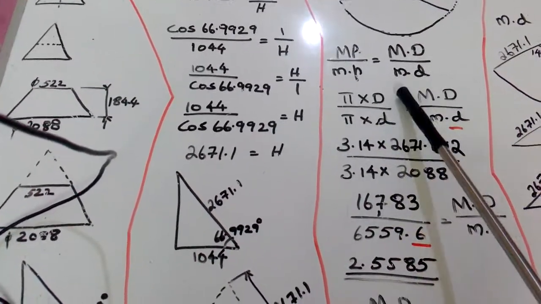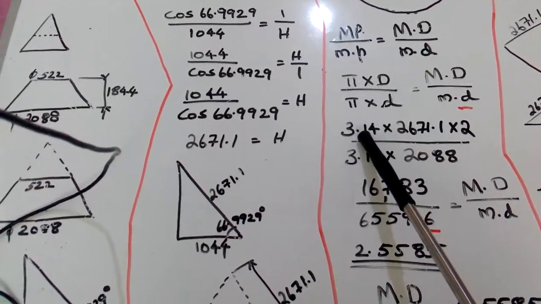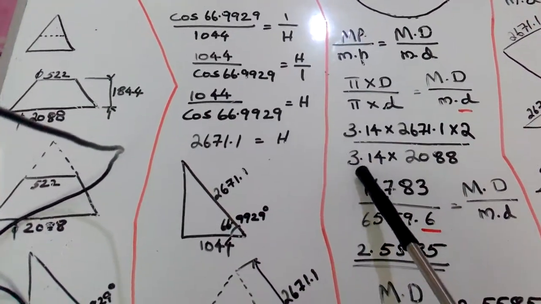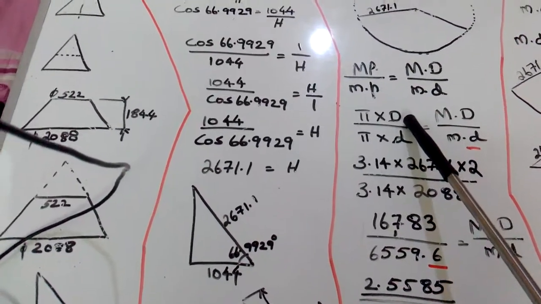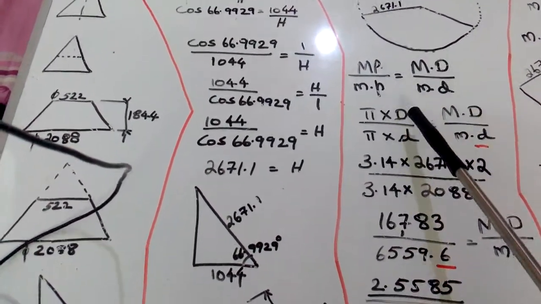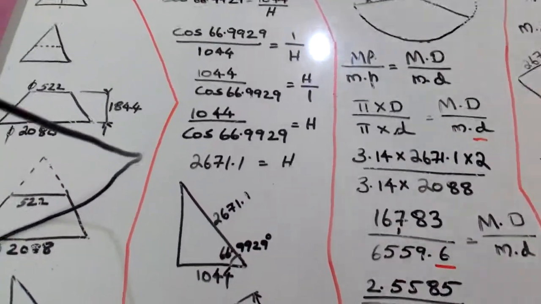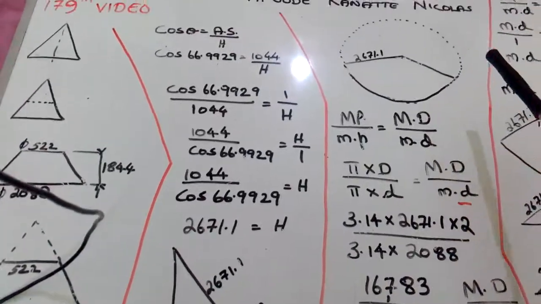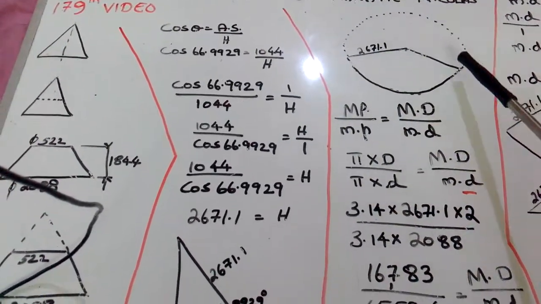What is the difference between these two? Here pi is 3.14, I have written 3.14. Here pi is also 3.14, I have written it here. Here, capital D means what? This pi D on the top side indicates the major perimeter. Major perimeter starts from here and it ends here.